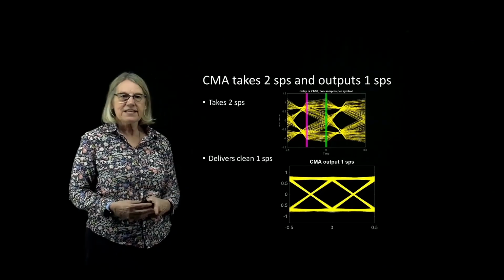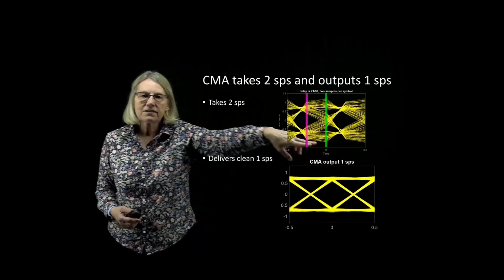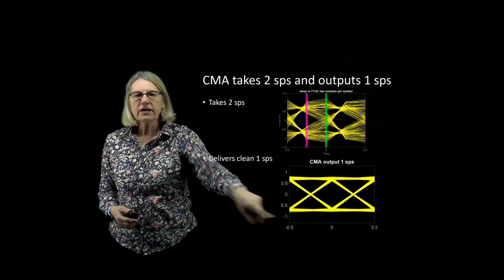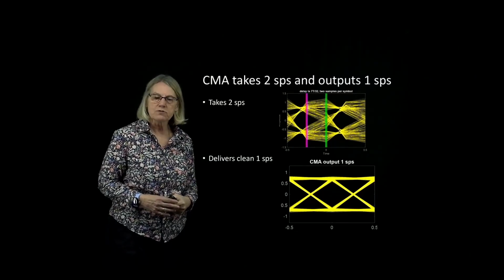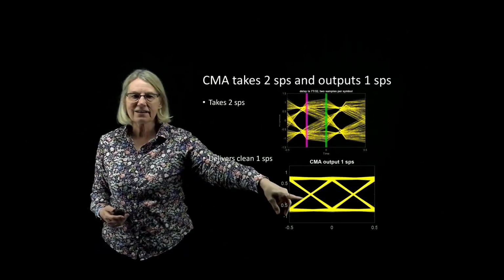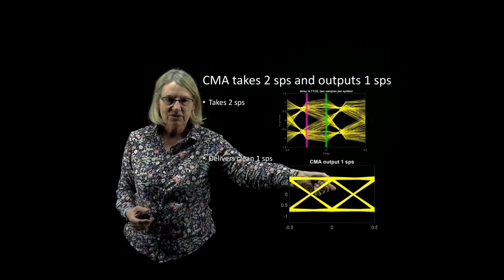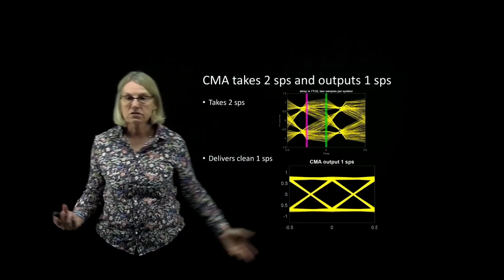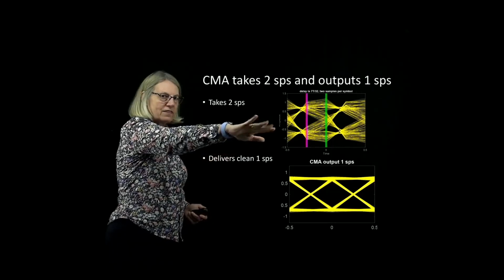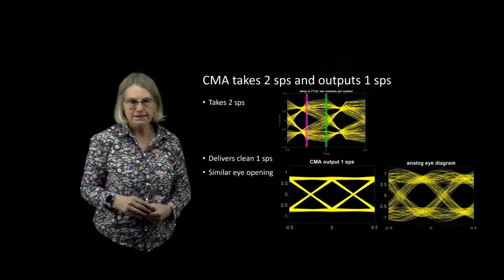So if I run the CMA algorithm exactly on this signal, it will deliver a very clean one at 1 sample per symbol. It's not as clean as that ideal one that I showed you earlier. There is some thickness here to the rail up here and below, but of course it's much, much better than what we had before the CMA processing.